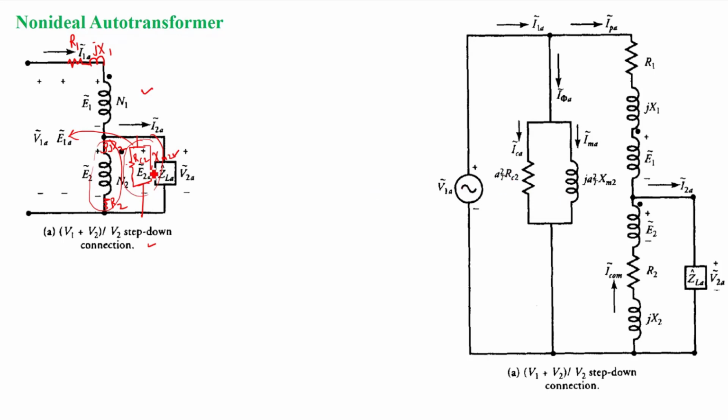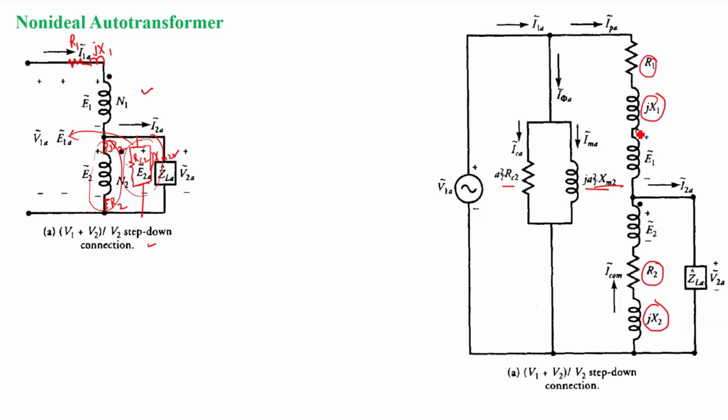So it will be aT squared RC2, then j aT squared XM2. So when it is referred, aT squared is multiplied with RC2 and XM2. This is how it is referred to the primary side now. And the other components are represented as they are: R1 and jX1 with the N1 winding or E1 winding, right? And R2 and jX2 are with the second winding, the winding associated with E2, right?